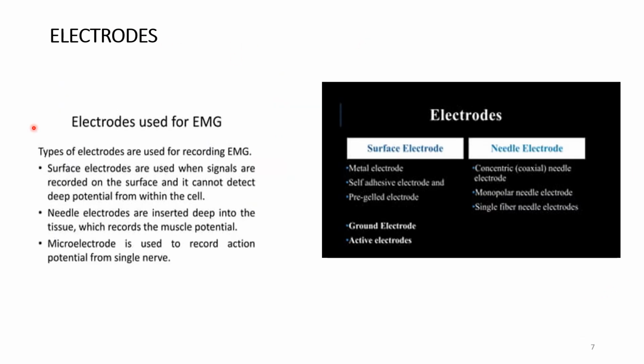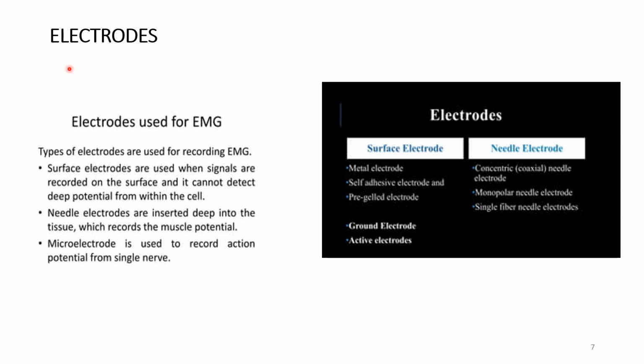While recording EMG, we need electrodes. The basic recording unit of EMG is a cathode ray oscilloscope, that is CRO. EMG can be recorded using two types of electrodes: surface electrodes or needle electrodes.